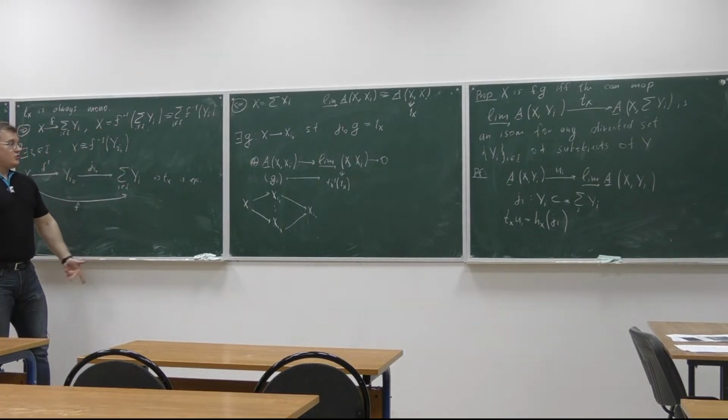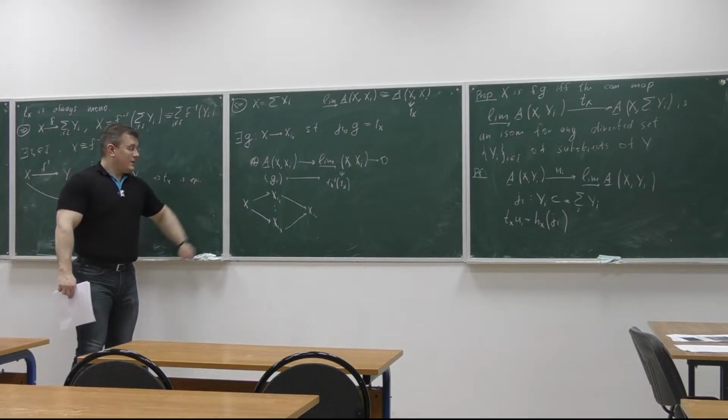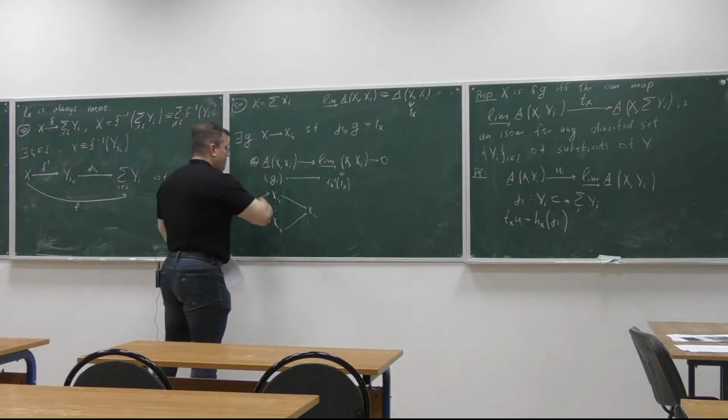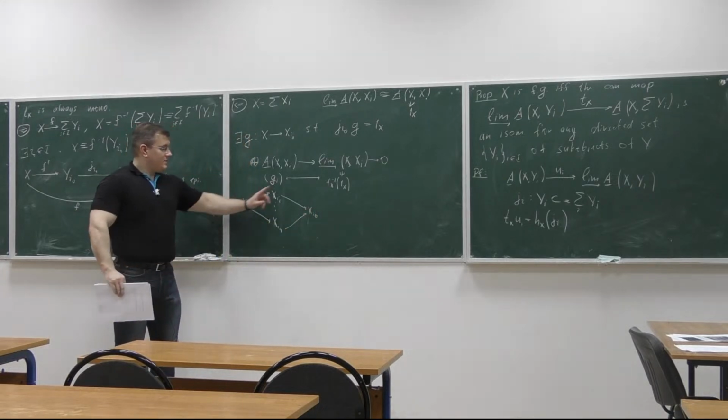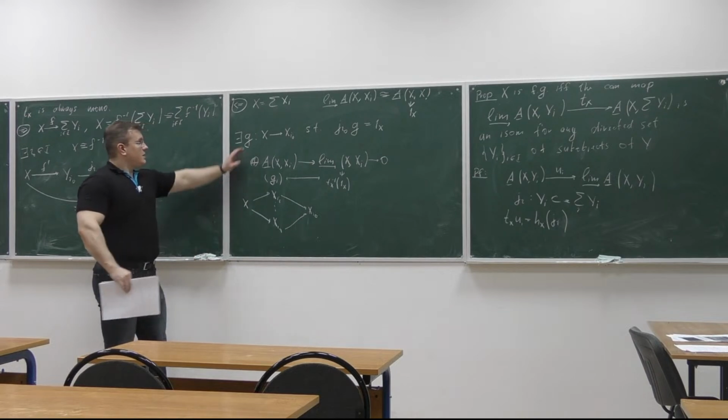If I know this for 2, I know this definitely for finitely many, and I only have finitely many. So instead of working with this whole family, I can just work with this one map, and this one map is exactly what I call the map G.